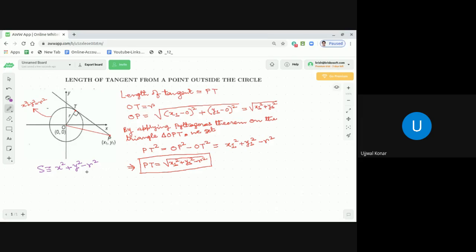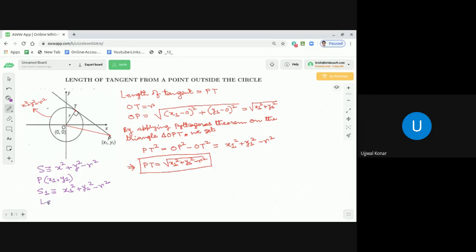And what is the point, dear students, here? Point is x1 comma y1, which is outside the circle. Now, what is the length of the tangent? We found another expression S1 that is equal to x1 square plus y1 square minus r square. Just take a square root of S1.